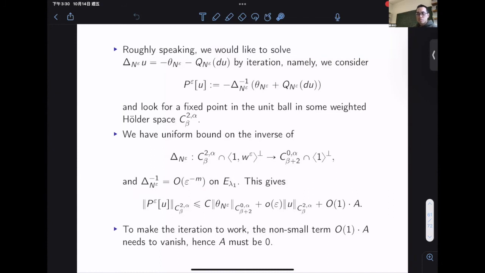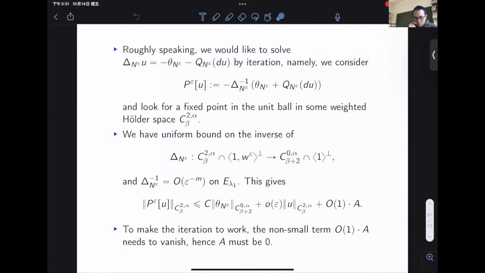If we want to measure the norm of P_epsilon applied to u in terms of some weighted norm, then we'll see that we get the Lagrangian angle of this N_epsilon plus some small term times the norm of u plus this O(1) times A. The last term here is not small when epsilon goes to 0, while the first two terms go to 0 as epsilon goes to 0.